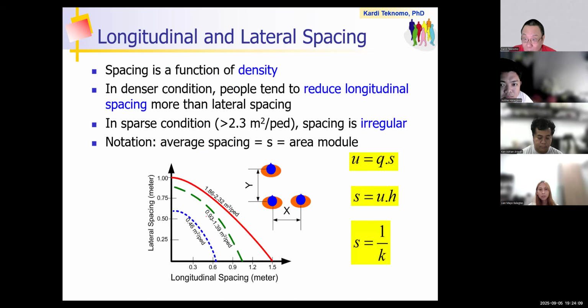At the microscopic level, for pedestrians you have 2 coordinates, X and Y. These are the spacing between persons. In denser conditions, people tend to reduce the longitudinal spacing.